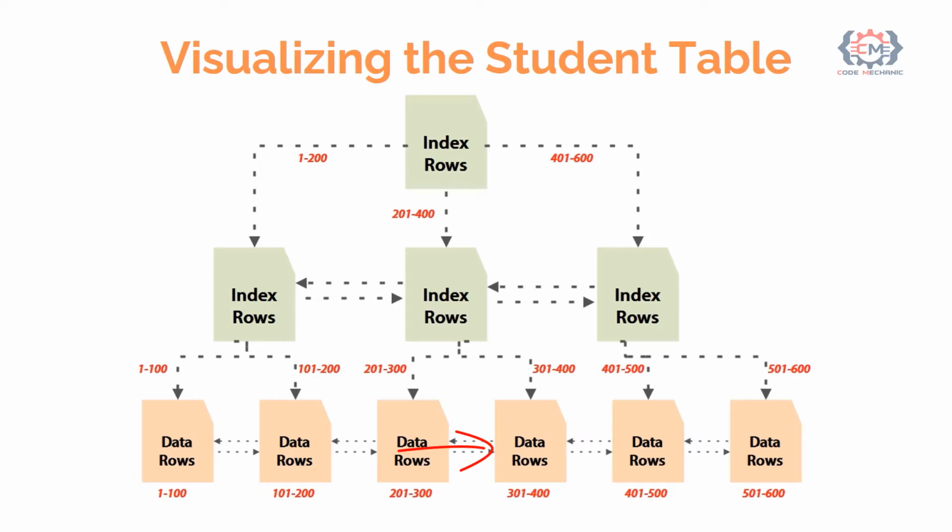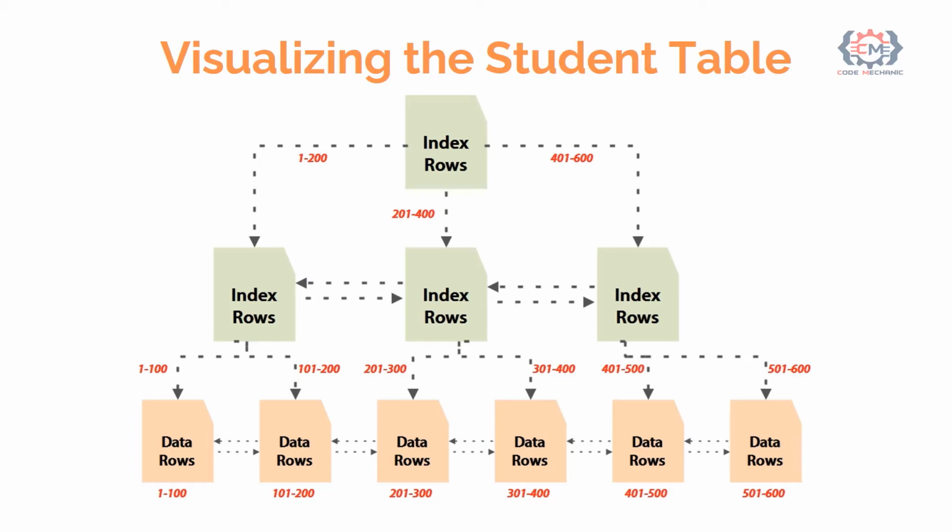And it is in the leaf node where we will find the data that we are looking for. So you see, we were able to traverse this tree in just 3 operations. Even for tables that have hundreds of thousands or even millions of rows in them, by using a tree structure like this, SQL Server is able to find the data it is looking for in just a few operations.